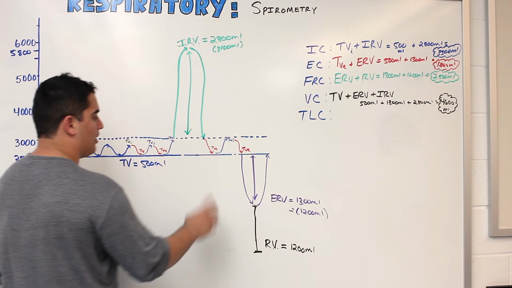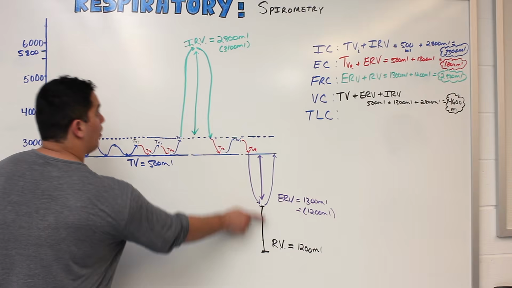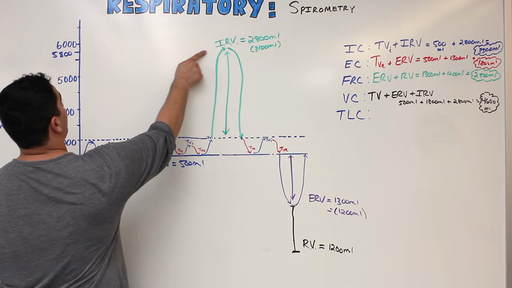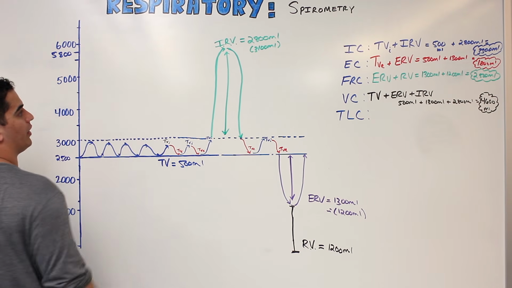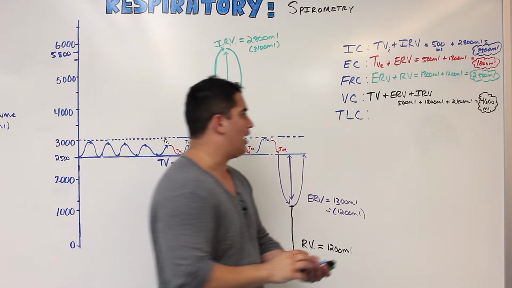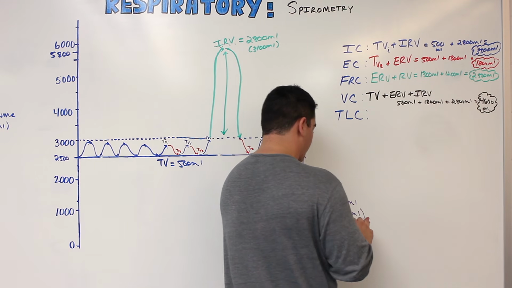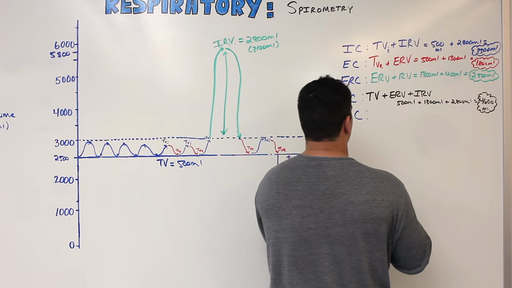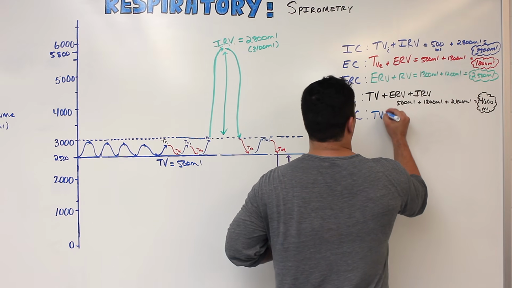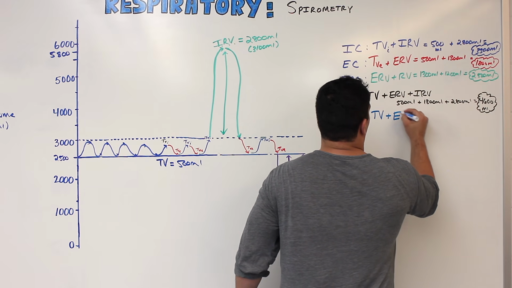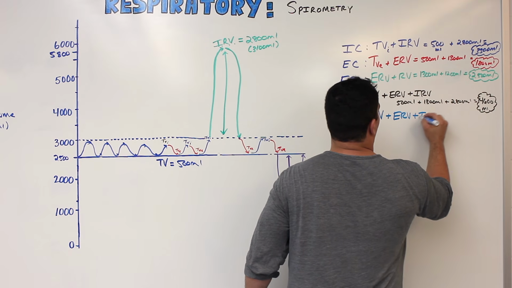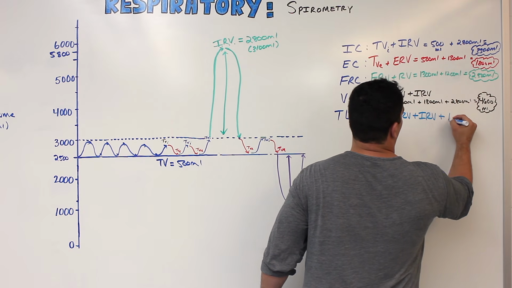Well, I'm not going to do that because I'm just going to think here simply. I'm going to go from 0 all the way up to this top point here, which I said was 5,800. But I can already cheat now. I don't have to do all that math and look like a goof. So it goes like this, right? Tidal volume plus ERV plus IRV plus the residual volume.